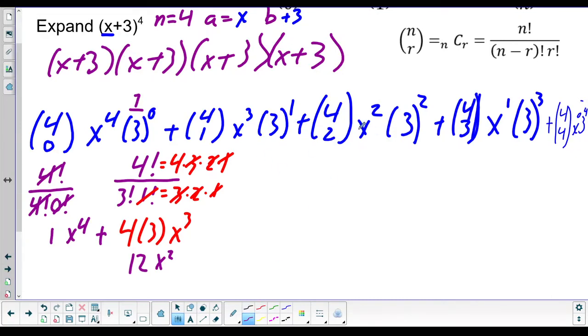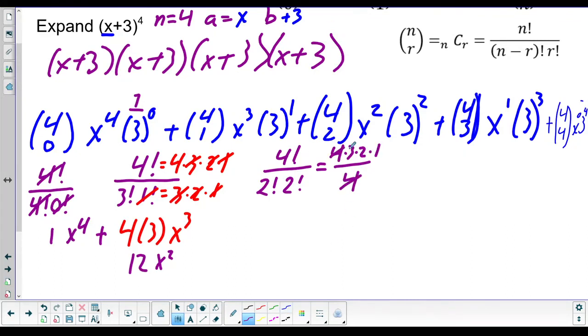So let's go. We've got 4 factorial over 4 minus 2 is 2 factorial times 2 factorial. Okay. So 2 factorial is 2. It's 2 times 1. So 2 times 2 is 4 on the bottom. Okay. Then this is 4 times 3 times 2 times 1.